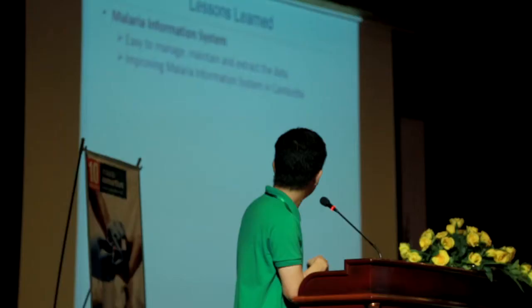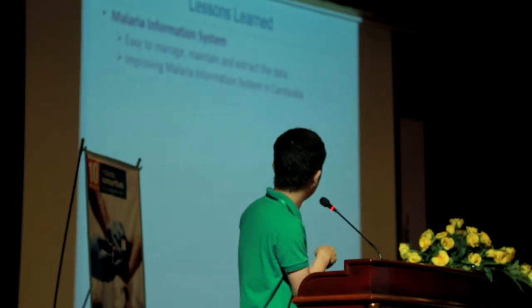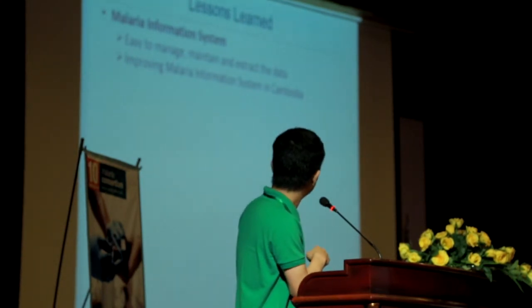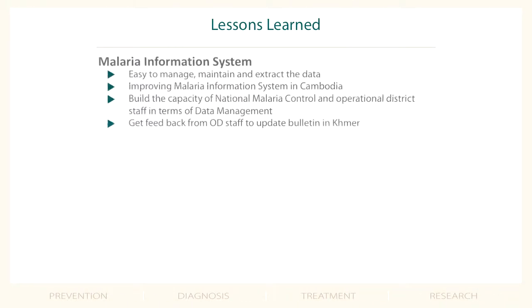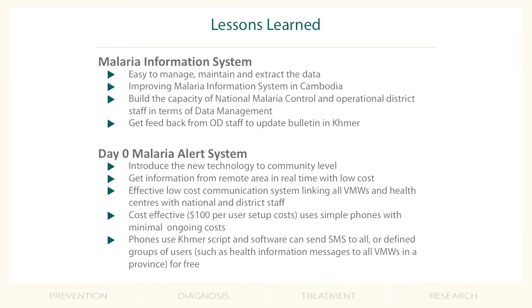So for the lessons learned: the malaria information system is easy to manage and maintain, we can extract data, and improve the malaria information system in Cambodia. We can build the capacity of national malaria control and operational district staff in terms of data entry, and get feedback from the OD staff to update the bulletin in Khmer.